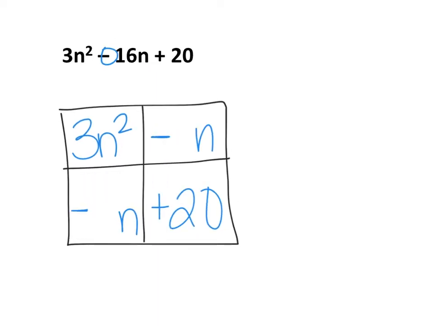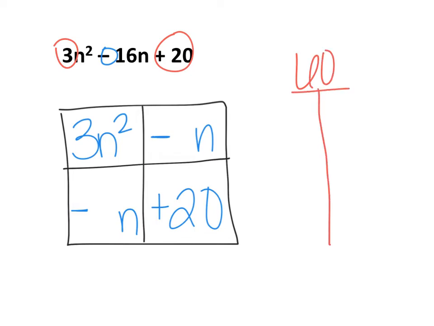And so now we're going to take A times C. Okay, so 3 times 20 gives me a 60. Okay, so I'm going to figure out all the different types of numbers that I have that when I multiply them together give me 60. And off the top of my head, I'm drawing a blank to all the numbers that multiply to equal 60.